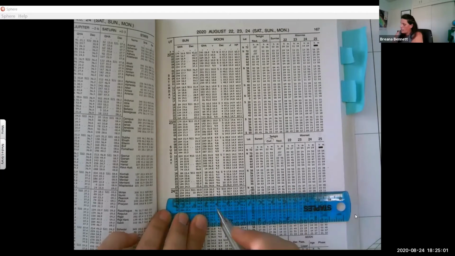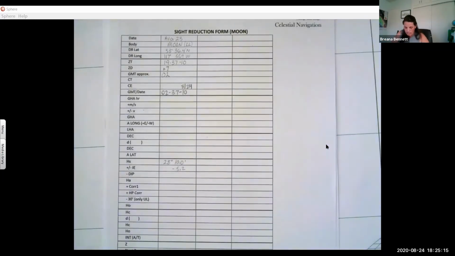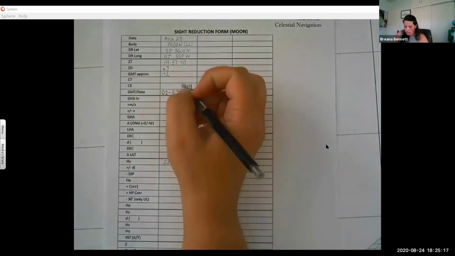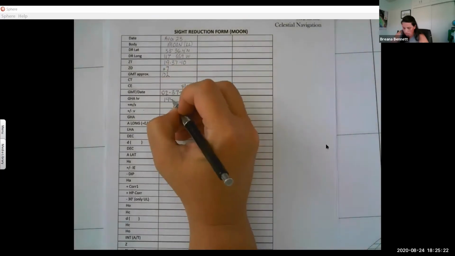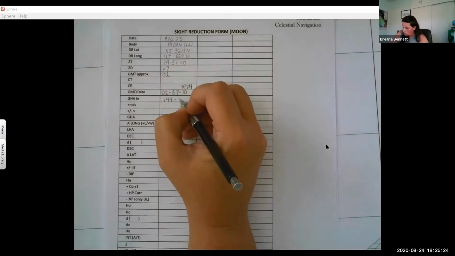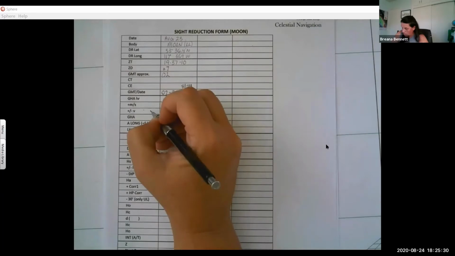We have GHA, little v, declination, little d, and HP. I'm going to copy down all of these numbers. GHA on the top of the hour was 144 degrees 32.2. My little v was 9.5.